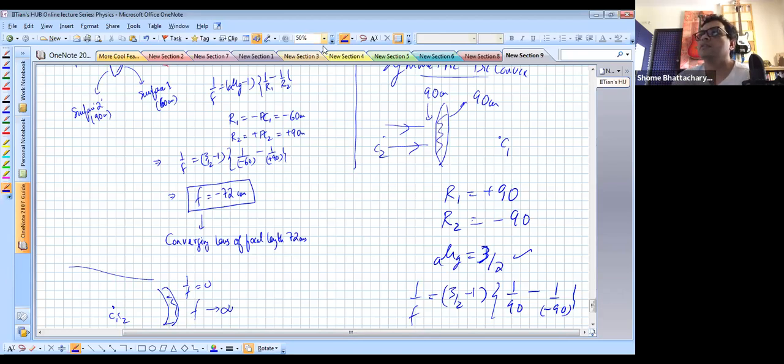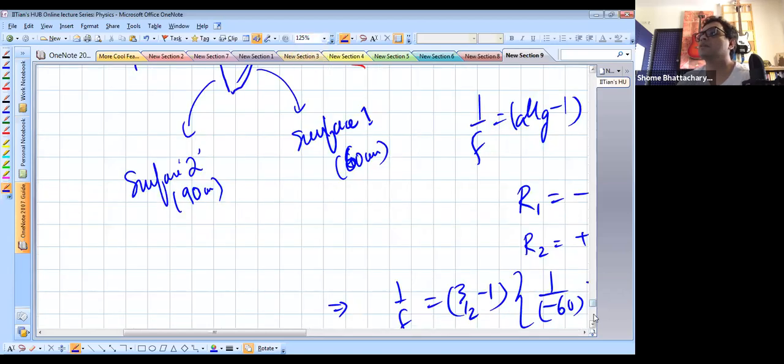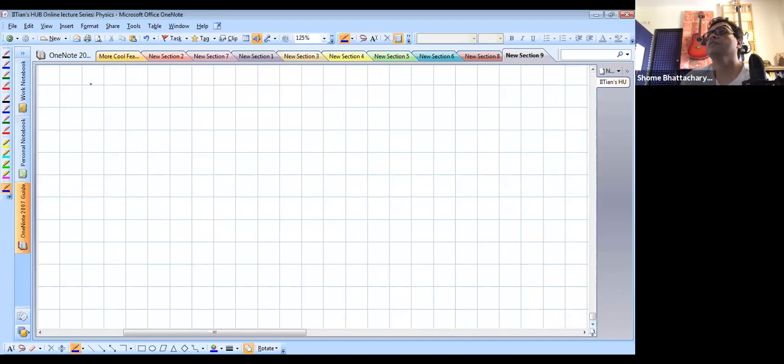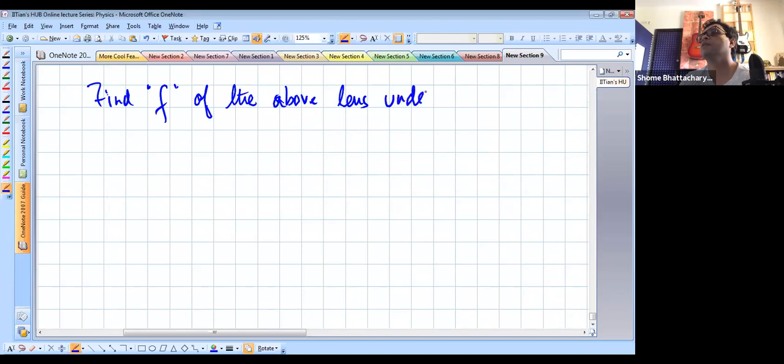Okay, so let's see. Incidentally, another thing you can be asked is the same question above. Find the focal length of the above lens underwater, where the refractive index of water is, let us say, 4/3 or approximately 1.3. So let's understand this.